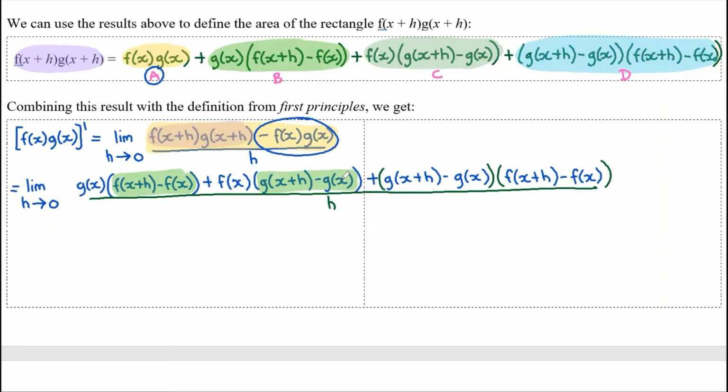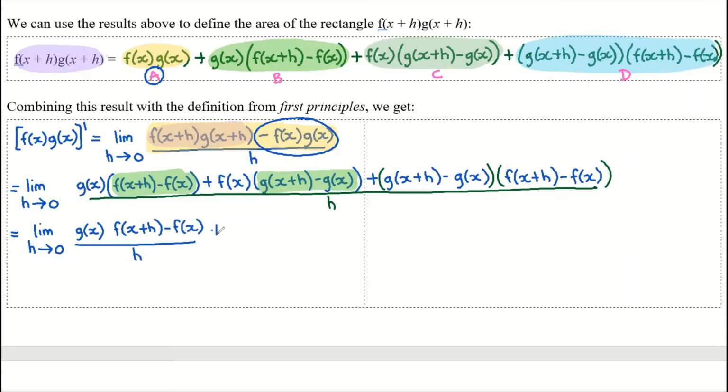So it looks like we're getting somewhere with this. I'm going to put in a couple more steps and hopefully you can see what's going to happen. So this is going to equal the limit as h approaches 0 of g of x multiplied by f of x plus h subtract f of x, and this is all over h.